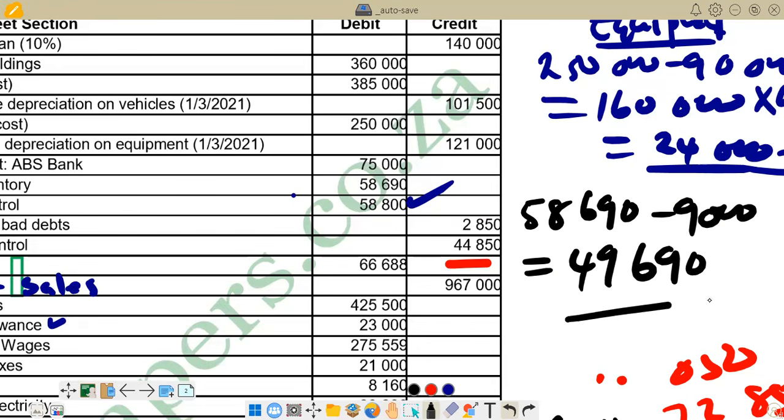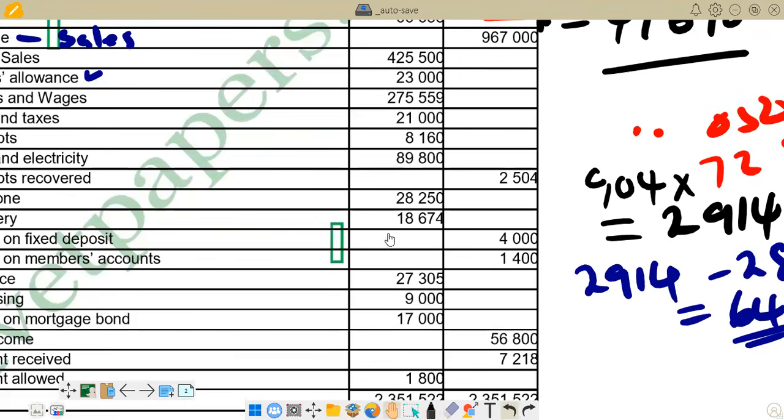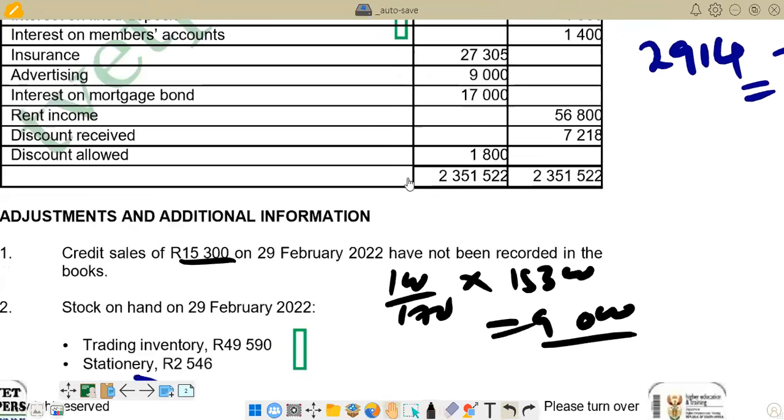So this is now representing the book value. And then we compare it with the physical stock count figure, which is the one given in the additional information, 49,590. We see this one is lesser than what we have there, so it represents a deficit.